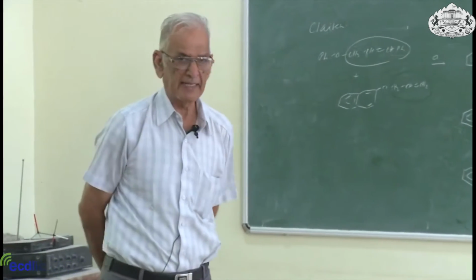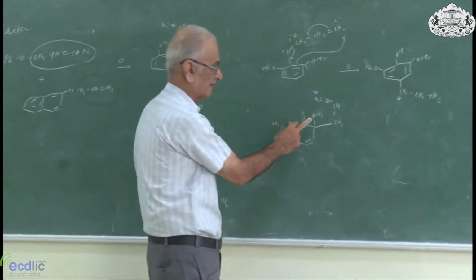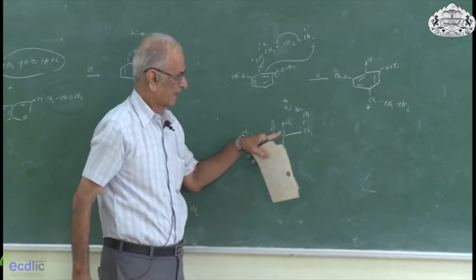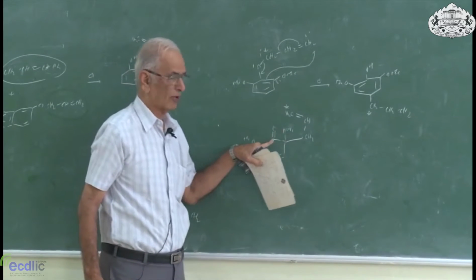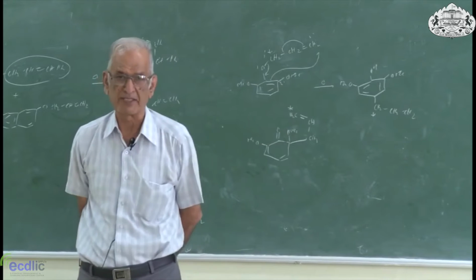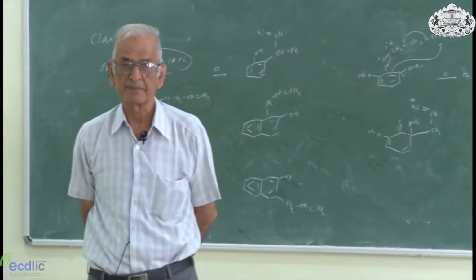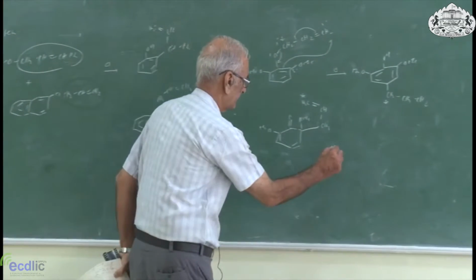In your normal Claisen rearrangement, the next step is loss of this proton. But here, there is no proton at this place. Both the ortho positions are substituted. Therefore, it cannot become aromatic. So, it undergoes a second reaction.